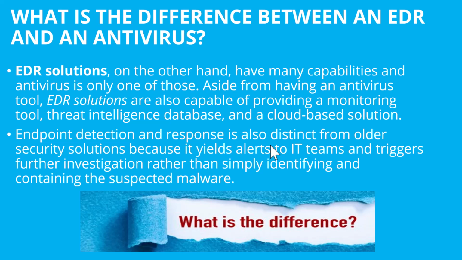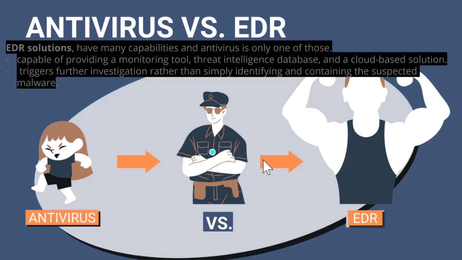Back to my example, you could be working from anywhere. If I have more than antivirus, if I have EDR, XDR, MDR capabilities in my organization, then I should be able to protect my remote users much more easily against complex attacks. So, EDR solutions have many capabilities. As I said, an antivirus is just one of them.